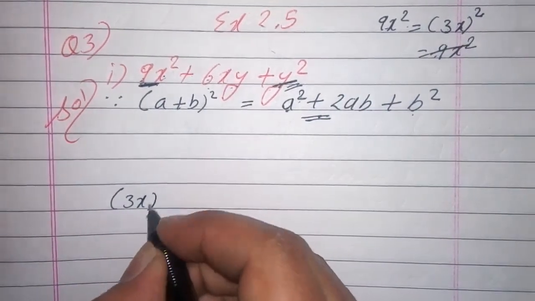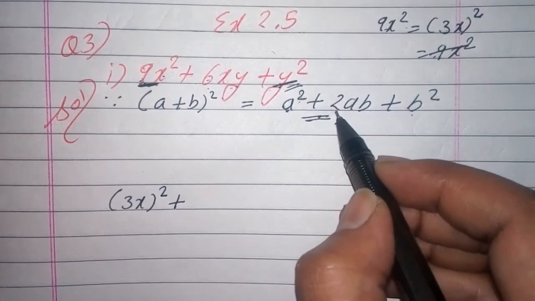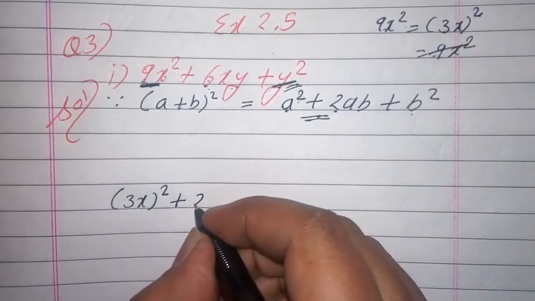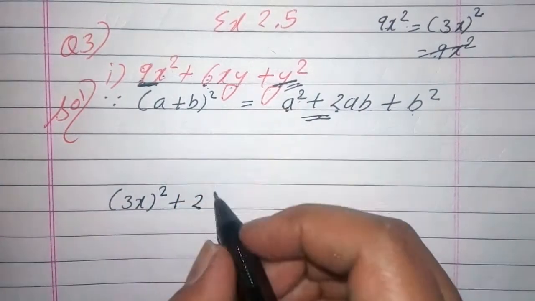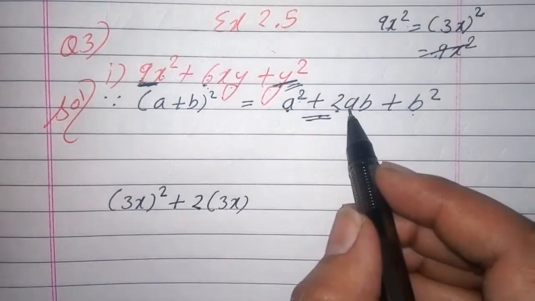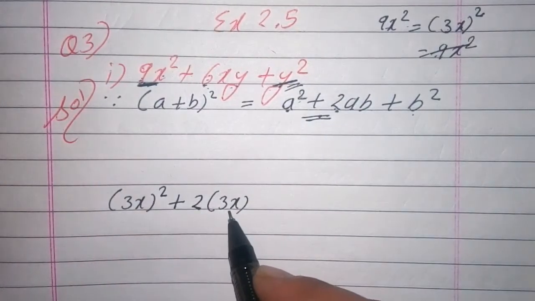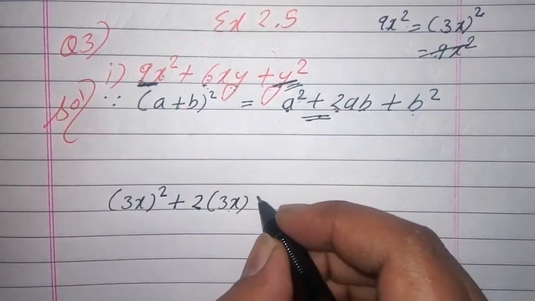Plus 2ab: here we have to take out 2 from this 6. If we take out 2 from 6, 3 will remain, 3x, and 3x is the value of a. So 2 into a, where a is 3x, into b, where b is y.